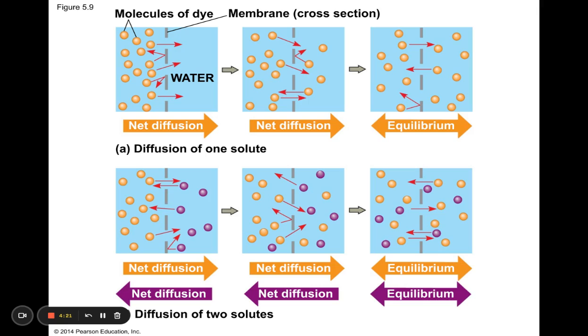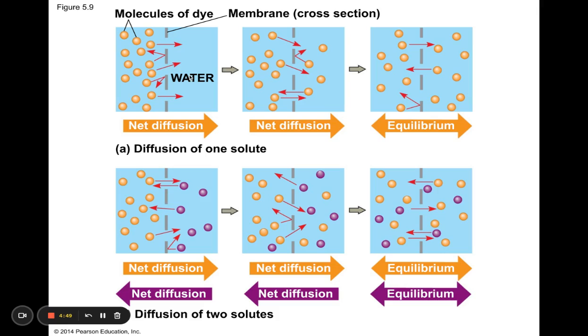And then they're going to tare the scale because they want to subtract the weight of the paper from the actual weight of the meat, because you don't want to be paying for the paper, you want to be paying for the meat. So that's called net weight. So the total weight of your package minus the packaging is the net weight. That's what you're paying for. Same thing with diffusion. Molecules are moving in both directions, Brownian motion. They're in constant motion, right?